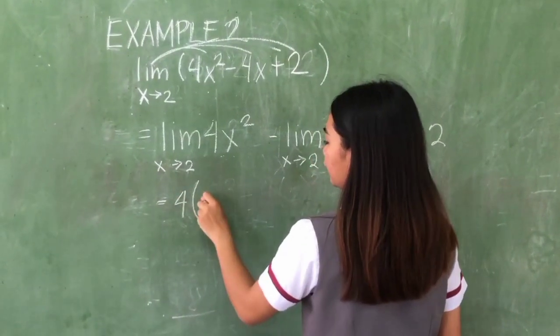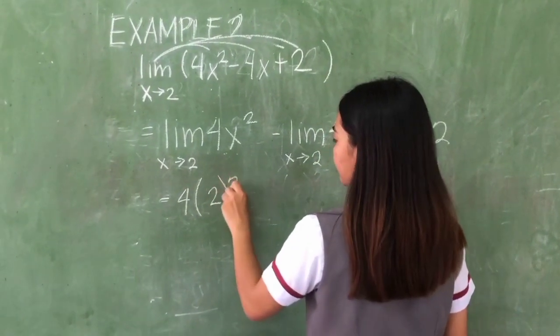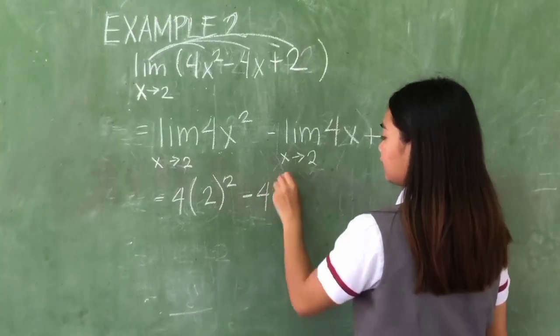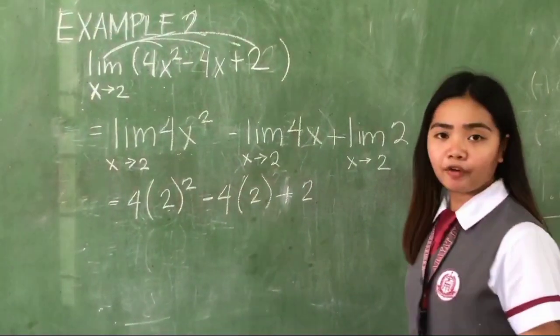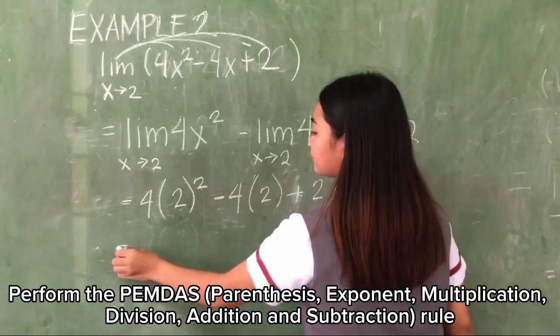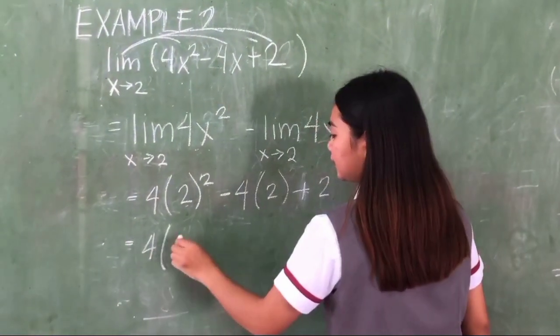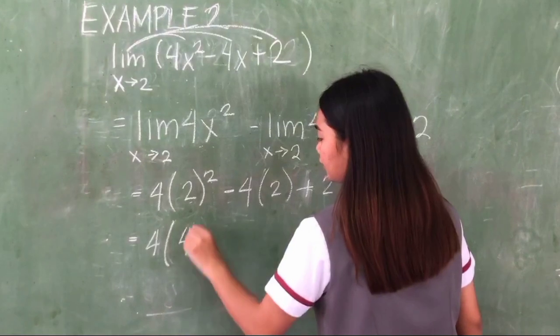4, value of x is 2, squared, minus 4, value of x, plus 2. Next, perform the PEMDAS. 4, quantity of 2 squared is 4.